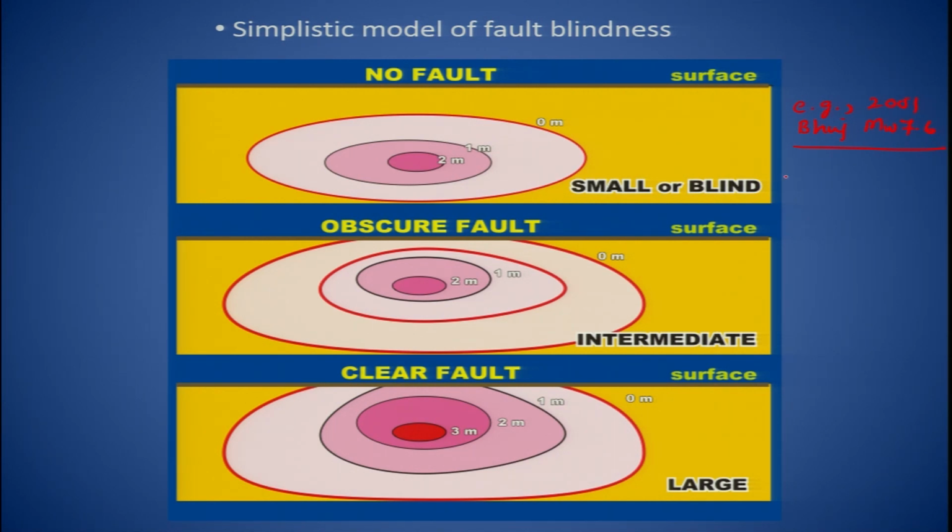Okay, that may be one of the reasons. But here if we basically consider these three, that is small, intermediate and large, then in case of intermediate we will see some deformation or displacement which is coming right up to the surface. So, obscure fault topography will be seen, but in case of the large earthquake, what we were talking about in the previous slide, if you are having the magnitude Mw greater than or equal to 7, then you will have the surface rupture.